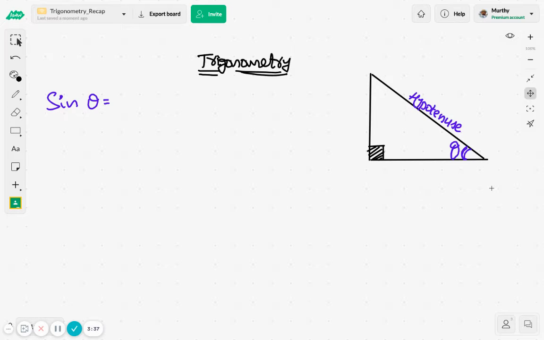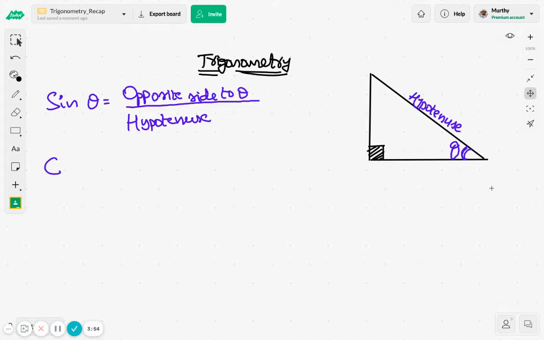Sine theta equals opposite side to theta over hypotenuse. Next, cos theta. It is actually cosine theta, but we take only the first three letters as cos theta. That is adjacent side to theta over hypotenuse.